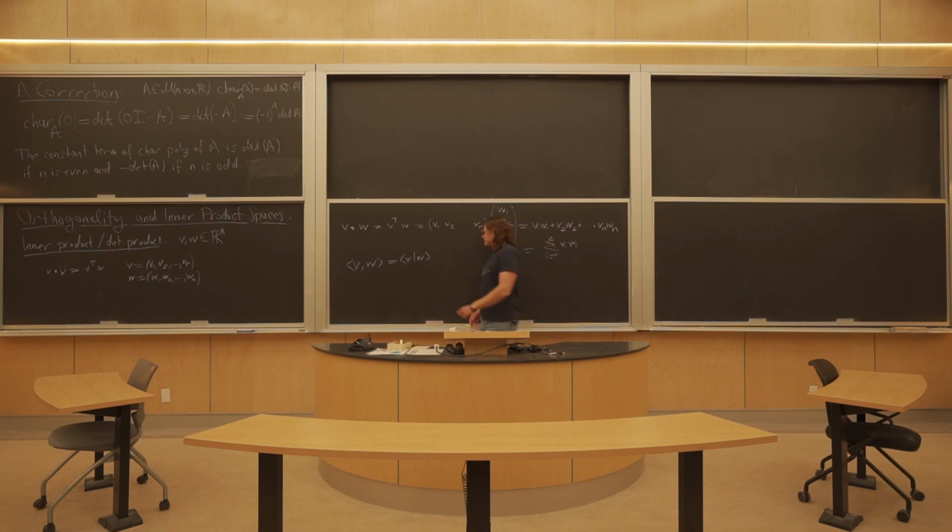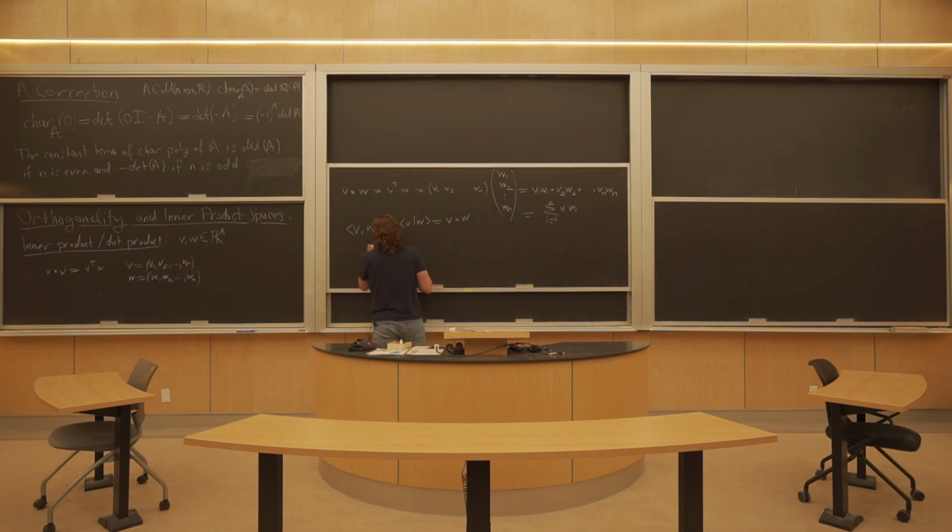This is the physicist's notation. They're all the same thing, but I'm going to stick to this, because especially in the context of function spaces, the dot can get confusing, whereas this is rather more straightforward. So this is the inner product of two vectors.